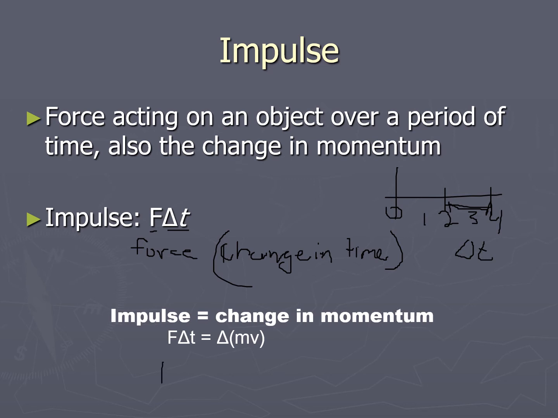Another way of writing this equation is force times the time interval equals the delta p, because p is mv. So all I'm saying here is that if you have a big impulse, you have a big change in momentum. They are the same thing. Every time we use the word impulse, we mean change in momentum.